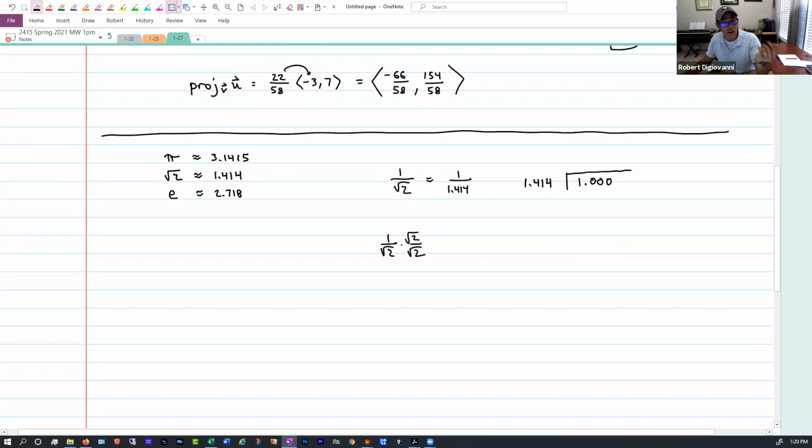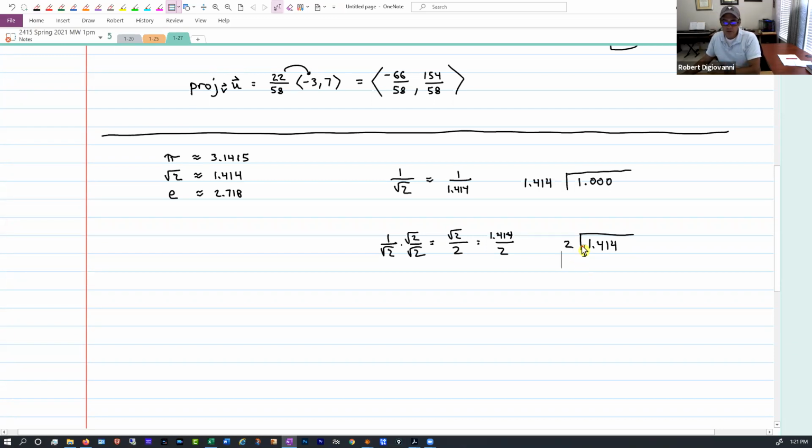This is what rationalizing would be. So now you would get this, root 2 on top, and on the bottom you have 2. So now you know root 2 is about 1.414, and now it's divided by 2, but watch how it changes. Inside the division box is the 1.414, and outside the division box is a nice number, 2.